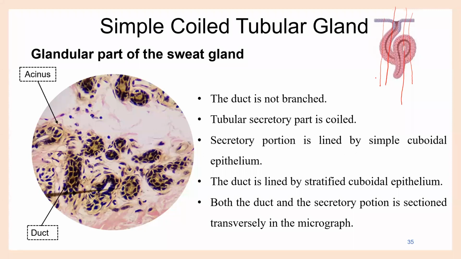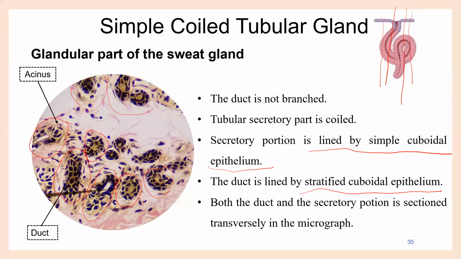The duct is not branched, the tubular secretory part is coiled, and the secretory portion is lined by simple cuboidal epithelium. The duct is lined by stratified cuboidal epithelium. Because of that, when you see these circles, you know that this is a duct. This is a duct, this is a duct, these are acinar portions.